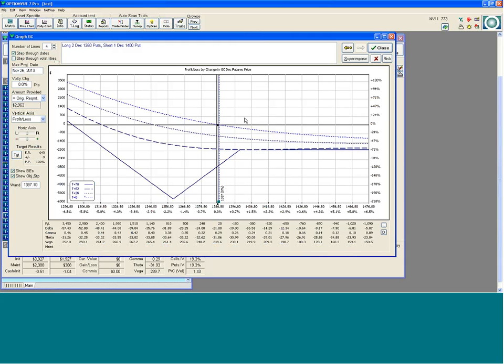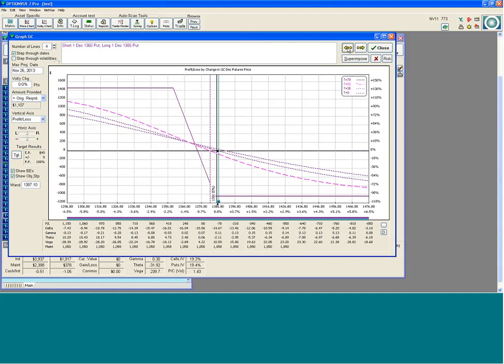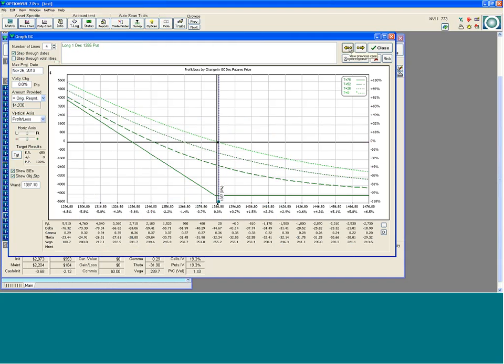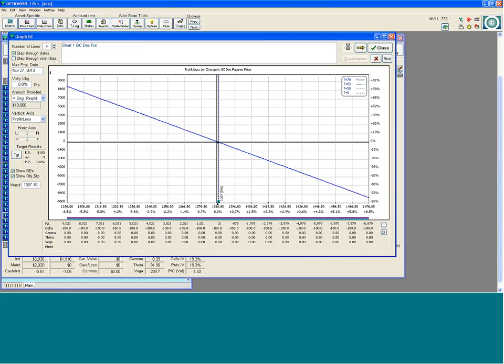It has a completely different looking graphic analysis than the spreads that we looked at before. Here was the bear put spread with an $1,100 margin. Here was the outright purchase of the put with a $4,900 margin. Here's the futures contract with $10,800.